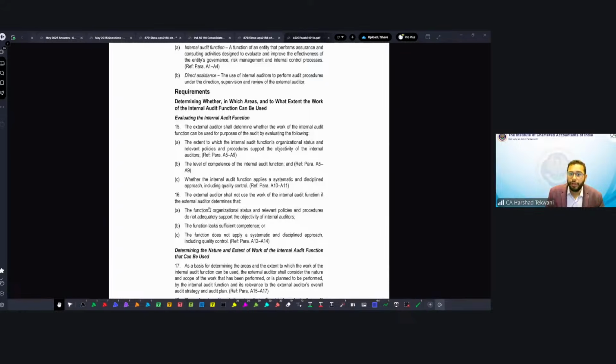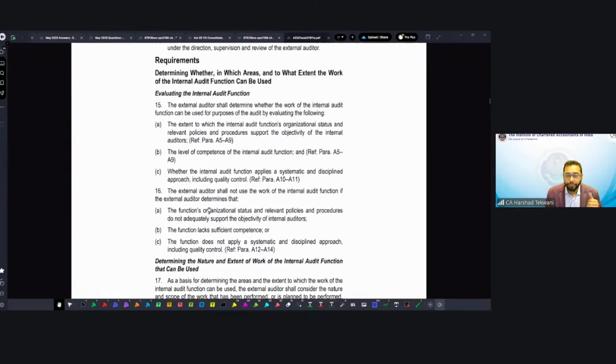I can use their work, but for that I need to first see who the internal auditor is. To understand to what extent the internal audit function can be used, I need to look into the internal audit function's organizational structure, status, objectivity, policies and procedures.